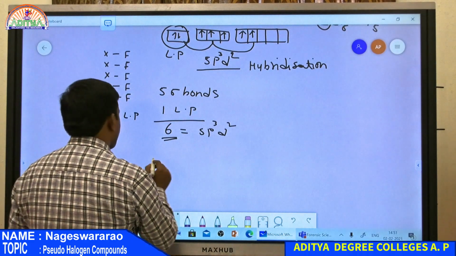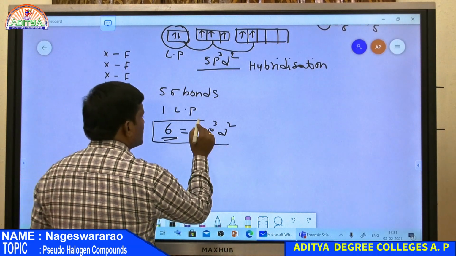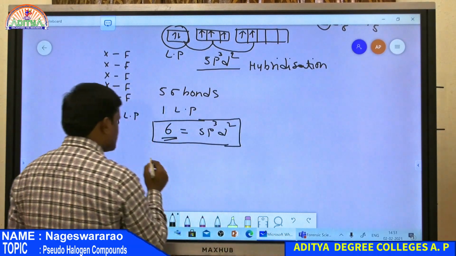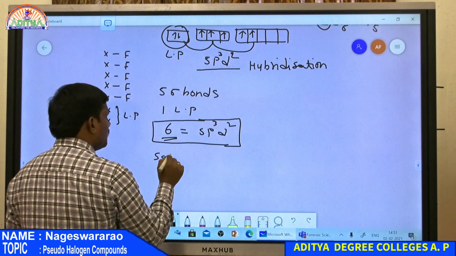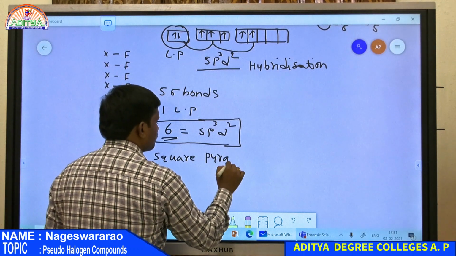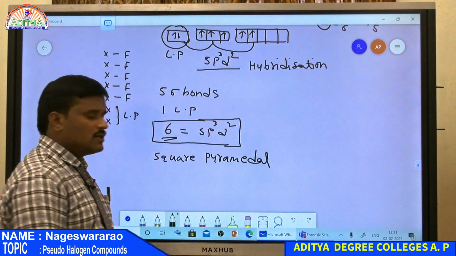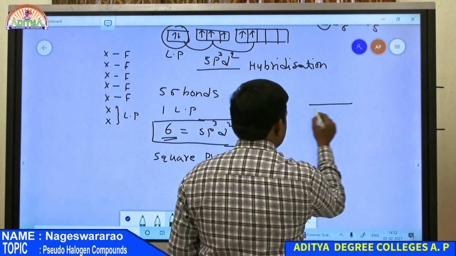If any compound has sp3d2 hybridization with this arrangement, then its geometry is square pyramidal. So look at this, this is a square.